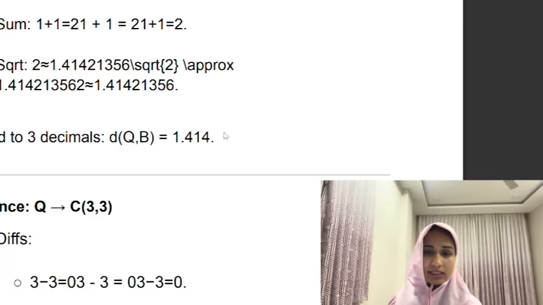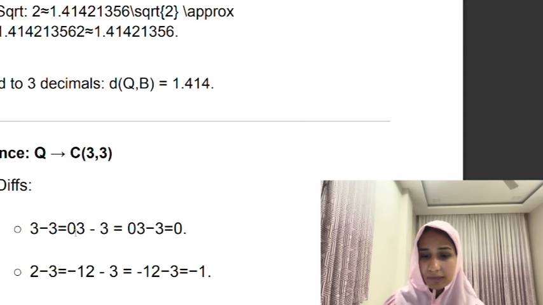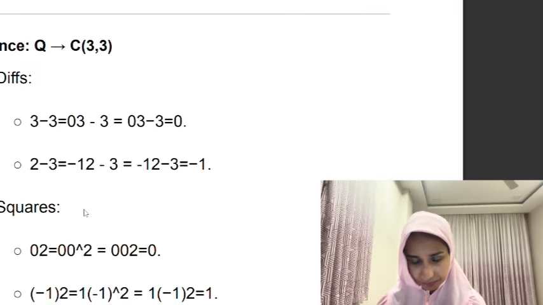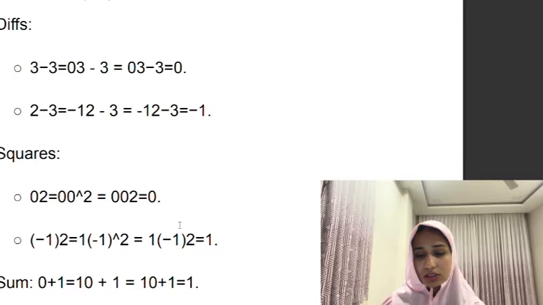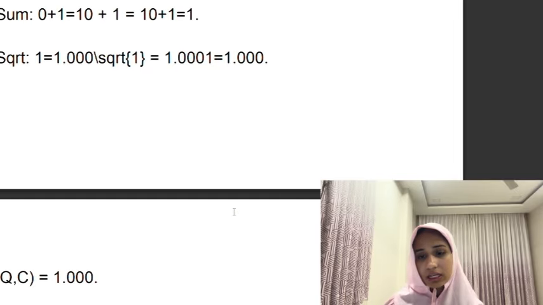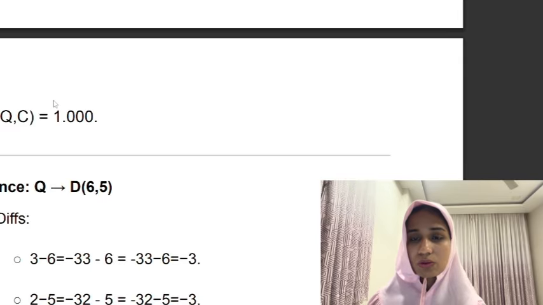Now for point C (3, 3): the differences are 3 minus 3 equal to 0 and 2 minus 3 equal to minus 1. The squares are 0 and 1, the sum is 1, and the square root of 1 is 1. So this is for Q,C.